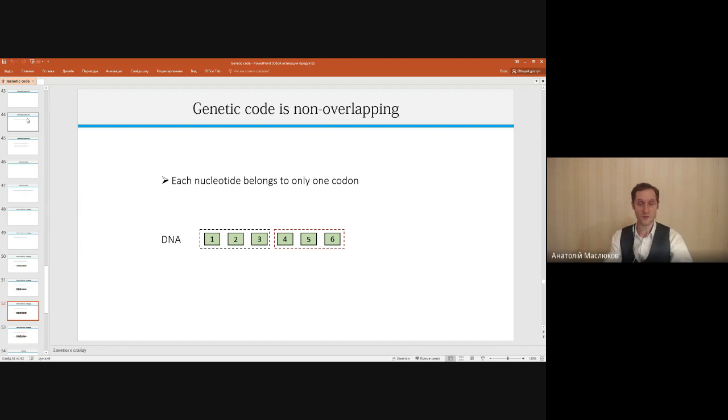Non-overlapping means that a situation like this, when nucleotide number 3 kind of belongs to the first triplet and the second triplet, is not happening. The situation described in this picture does not happen because the genetic code is non-overlapping. Nucleotide number 3 belongs to the first triplet and does not belong to the second triplet. I hope that this is clear for you, and let's go further.